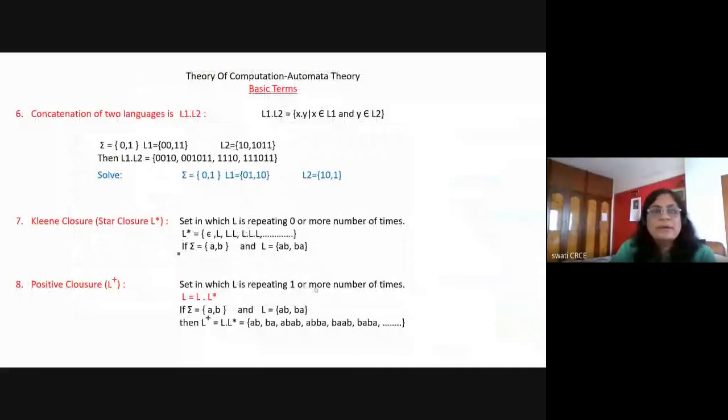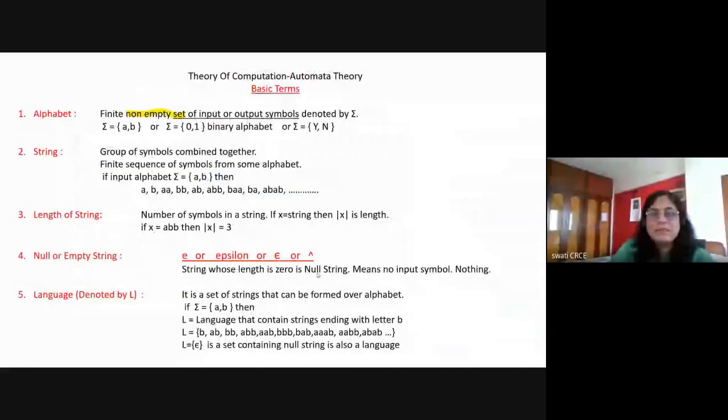So we have studied alphabet: sigma is an alphabet, an input set of symbols or output set of symbols. A string is a group of symbols combined together over the alphabet. If your sigma is a, b, you can have multiple strings: ab, ba, bb, aa. But if your language says that it contains strings ending with small b, then only those strings are part of this language.